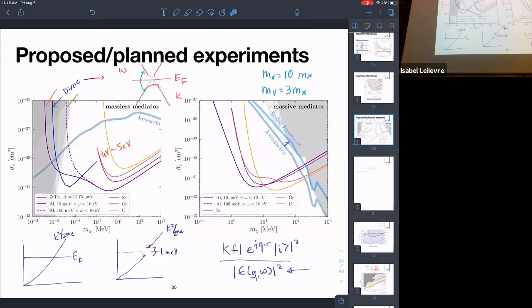People must have thought about using those things also for other searches. You can do the axion, you can do the dark photon, but how about the dark matter that scatters with the electron in the superconductor? What you're saying is we want to make use of a small band gap, almost non-existing.